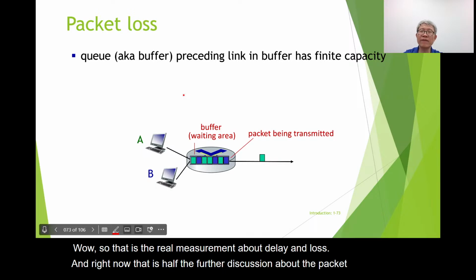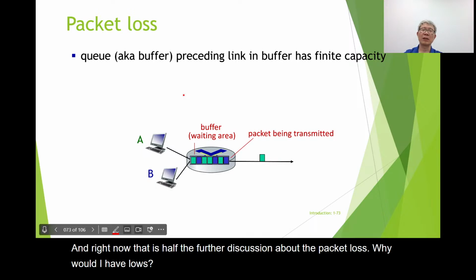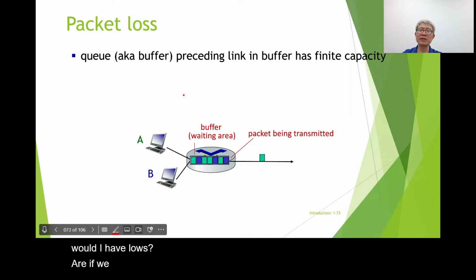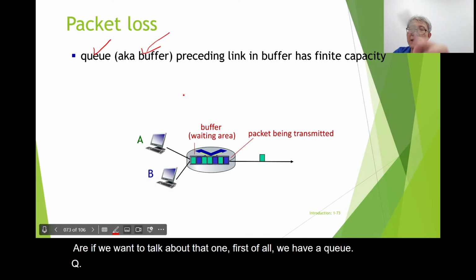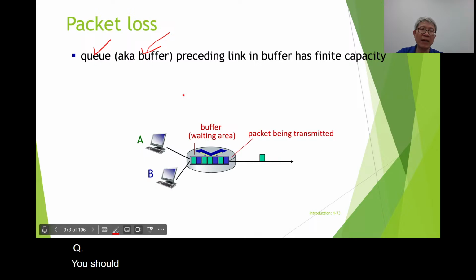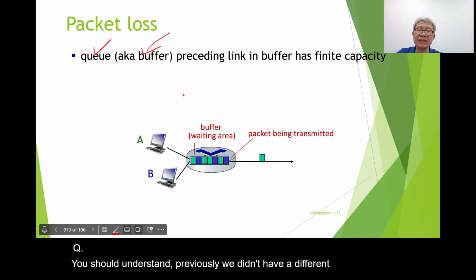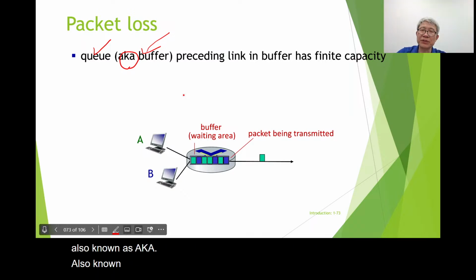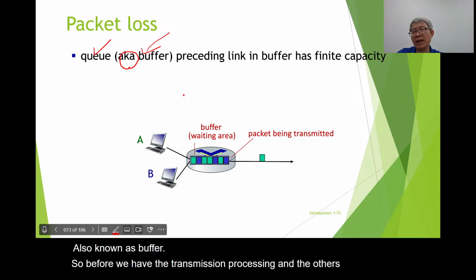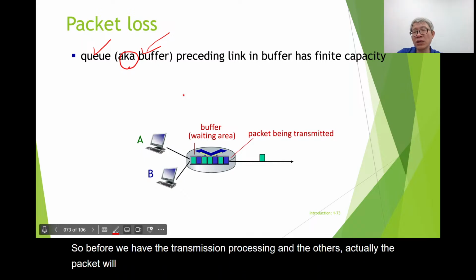Why will we have loss? If we want to talk about that, first of all, we have a queue. You should understand that previously we used a different name, also known as AKA buffer. Before transmission, processing, and the others, the packet will be put into the queue.